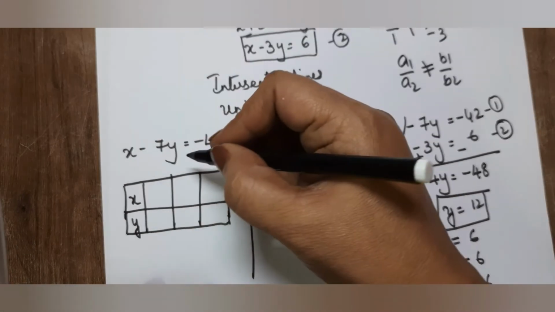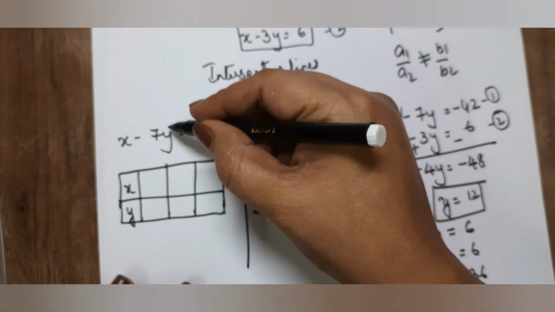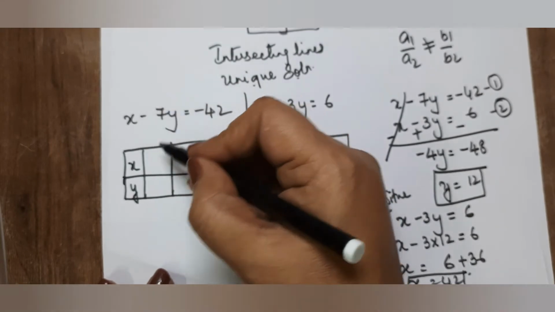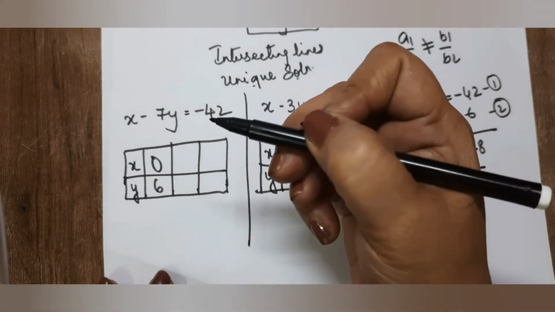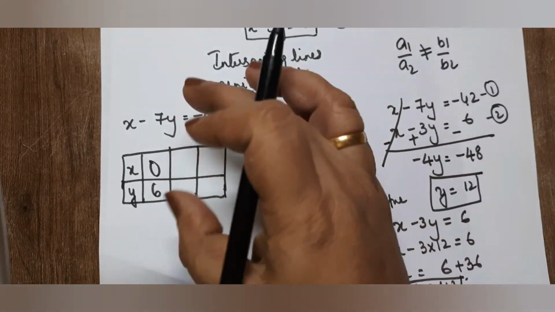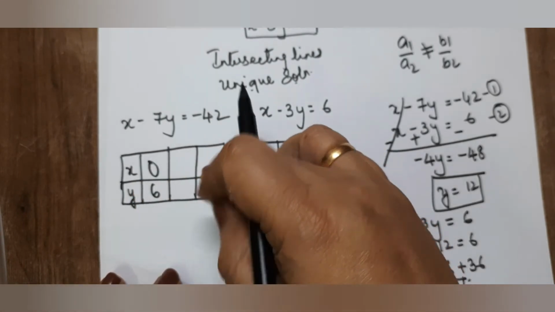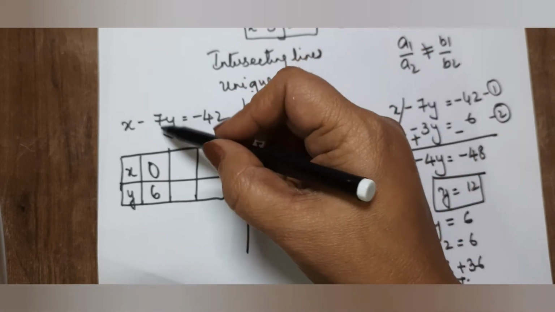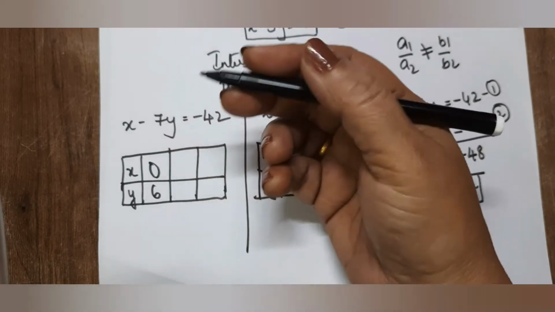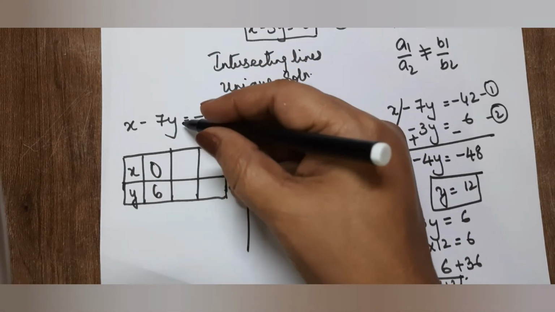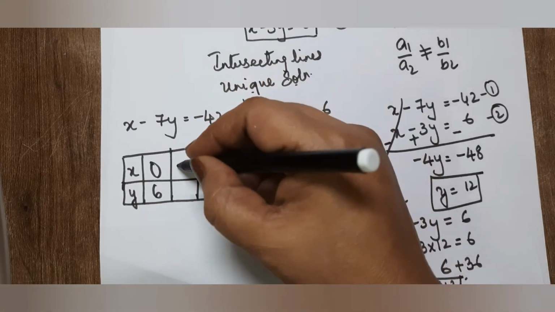So let me try out here, if x I put as 0, then if I substitute x equal to 0, then minus 42 by 7, we will get 6. Then I'll take just 0 to get started. The x value should go up to 42. So next in this case, I will put x as 28, just to increase the y value, you can go on adding up to the values of your choice.